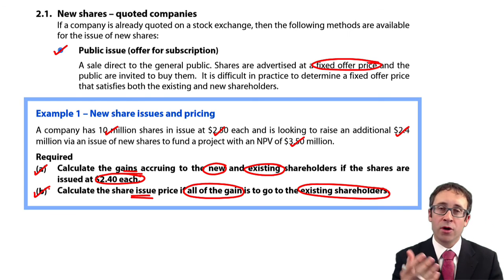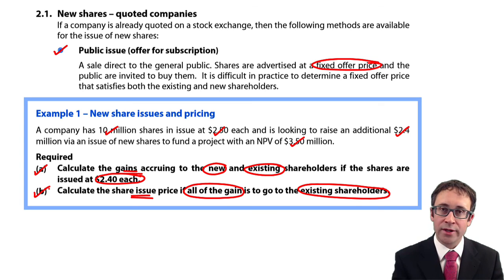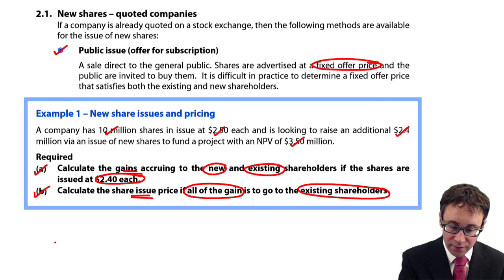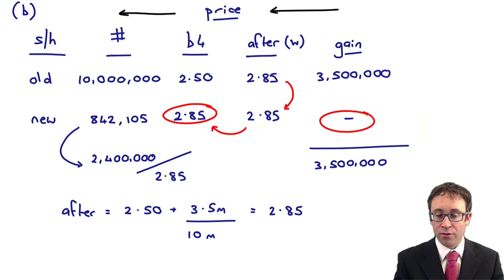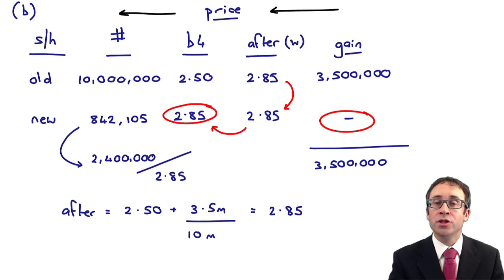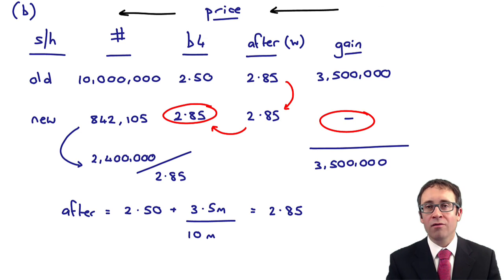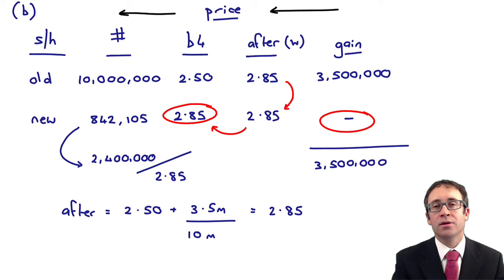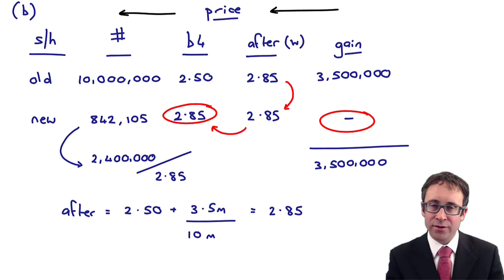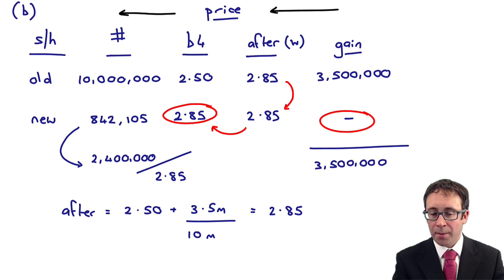So again, that could be the requirement in an objective test question. Alternatively, it might even ask the number of new shares that would be issued to give all of the gain to the existing shareholder. So that could be a different type of requirement.